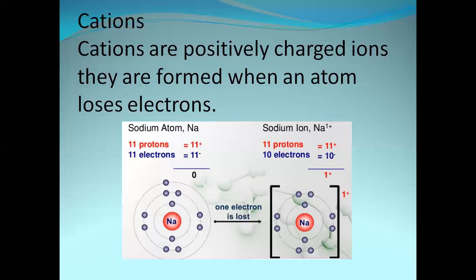It means that now the sodium has 11 protons and 10 electrons. Negative charges decreased, and the positive charges increased. It means that the type of ion formed by losing one electron by the sodium atom is the sodium ion, and it will have a positive one charge.